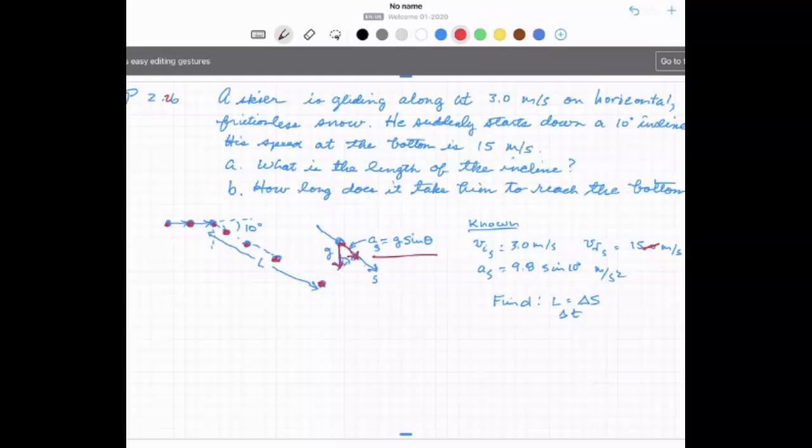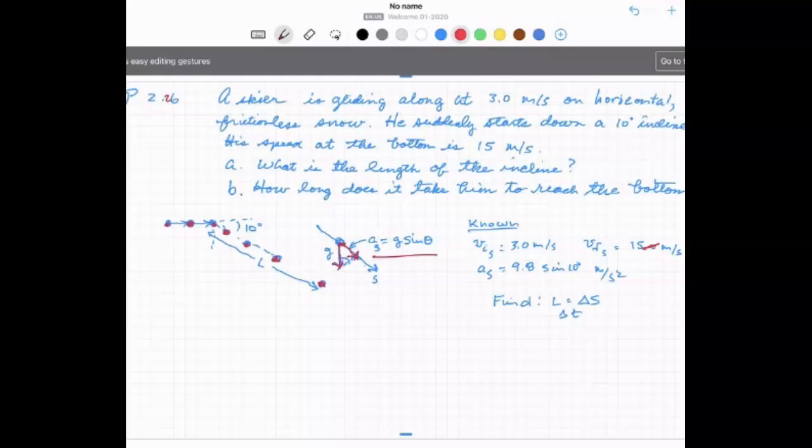The acceleration, we know, is equal to g sine theta, since the acceleration is in the s direction and is pointing towards increase in s. So we say that it's plus g sine theta, where g is 9.8 to 2 significant figures, and theta is 10 degrees.